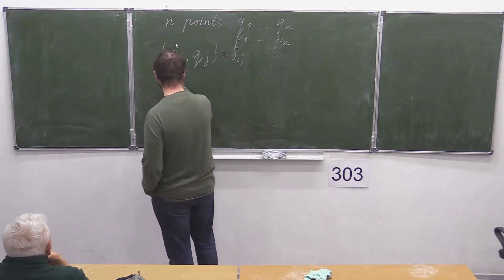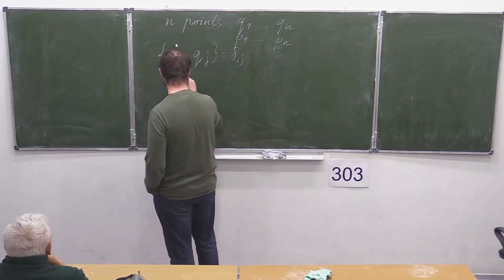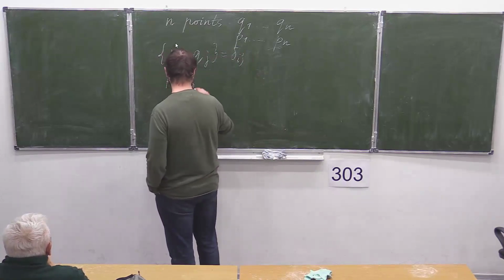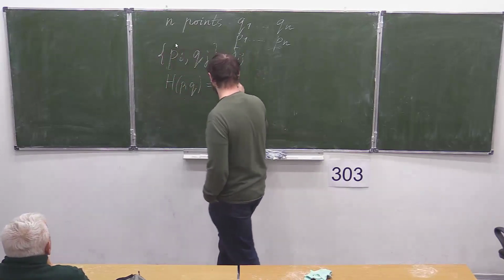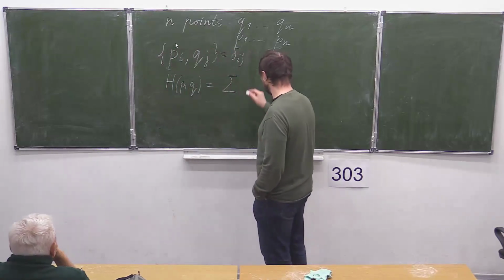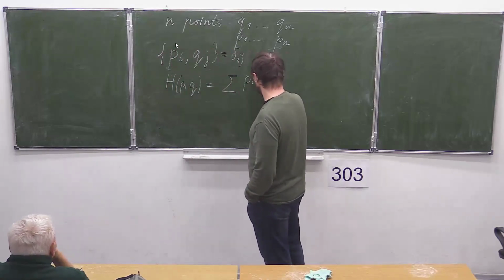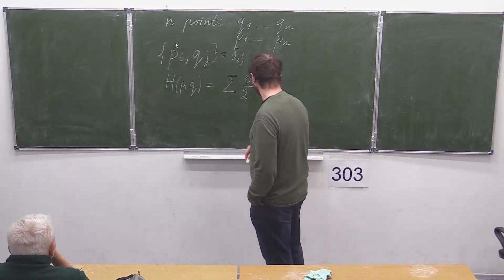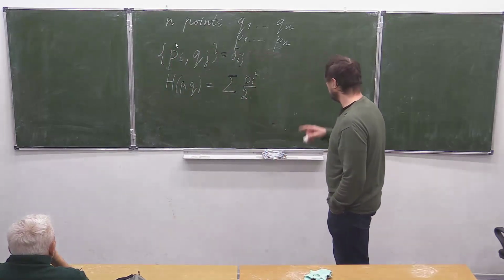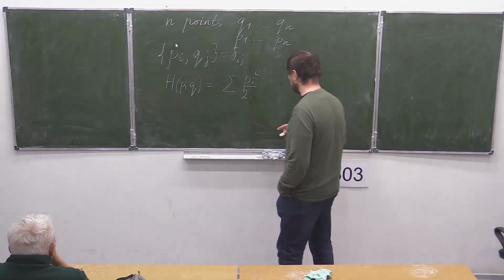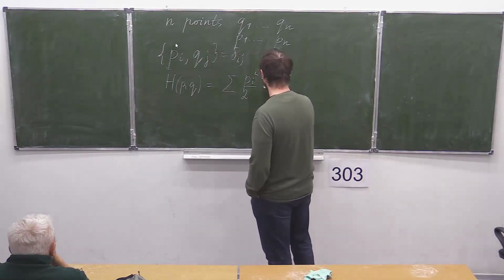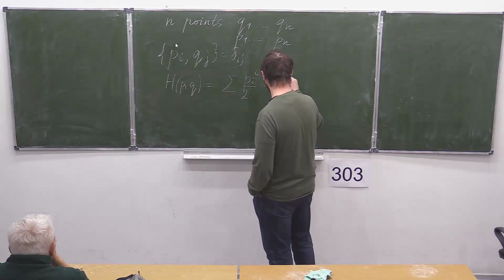And the Hamilton function of the system is given by the sum of its kinetic term, pi squared divided by 2mi, but actually we can remove this m for good from our notation. It doesn't change anything. Plus the potential term, which is a bit strange.